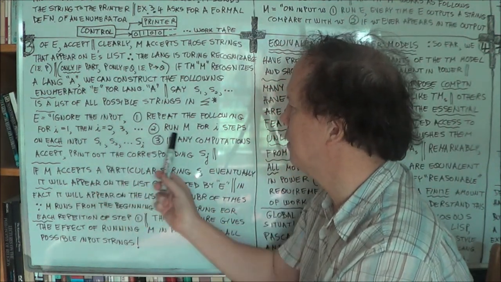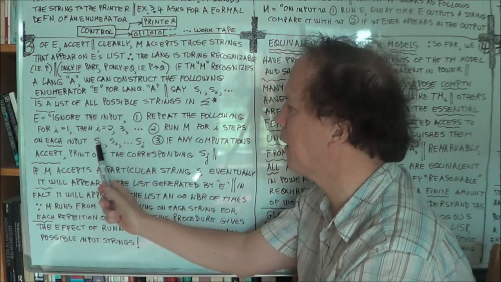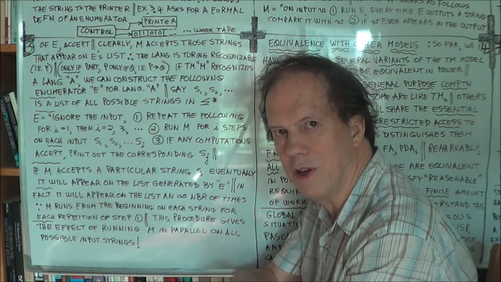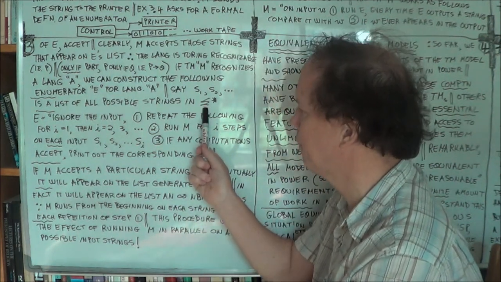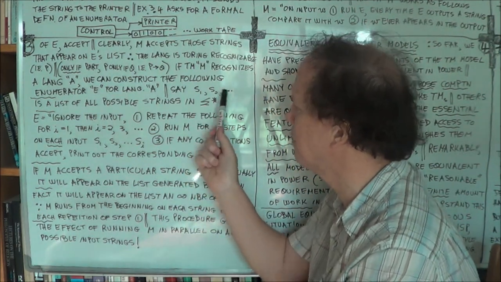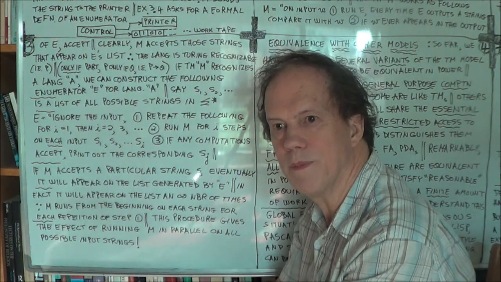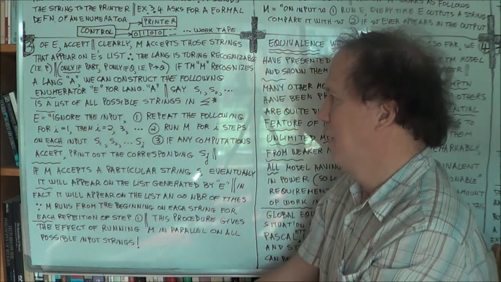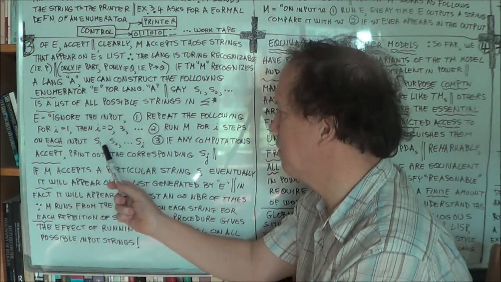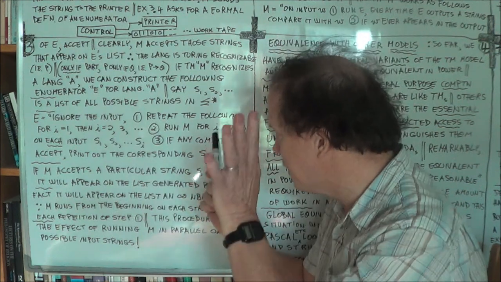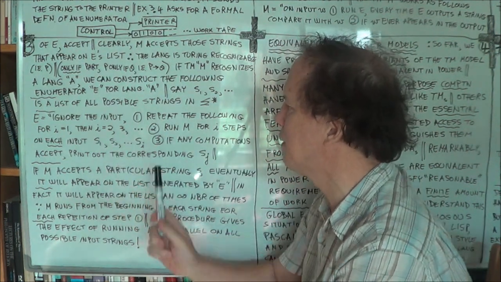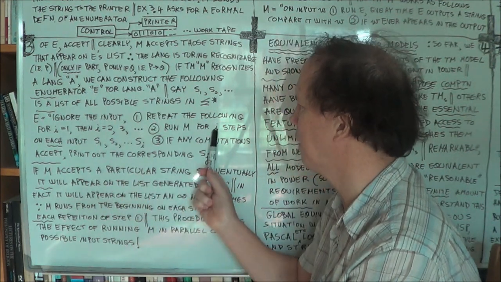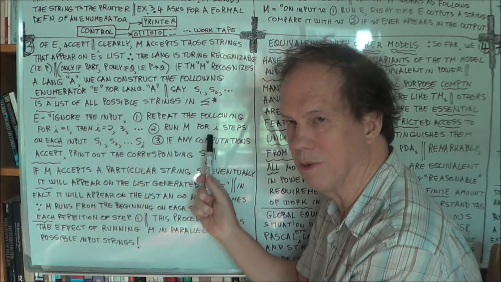And you run your machine for I steps on these first I strings, generated systematically from your string symbol alphabet. So you run the machine for I steps on each of these. Now, if any of these accept on the I step, it's got to be that way.